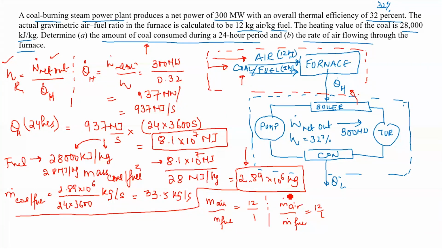So if I want to find out the mass flow of air, it is essentially 12 times the mass flow rate of fuel or coal. Can you find out the mass flow rate of air? 401.78. So this is 401.7 kgs per second. Is this point clear to you? Yes, sir. All right.